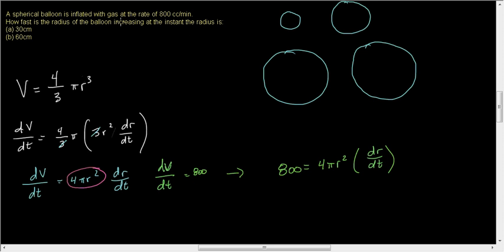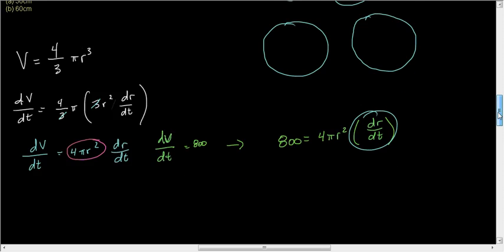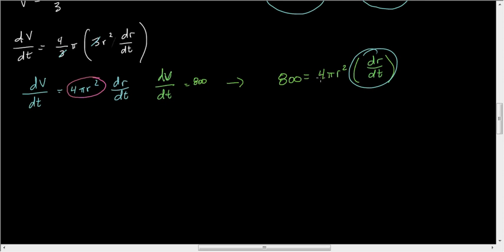How fast is the radius of the balloon increasing? I'm looking for dr/dt. So I'm going to solve for that. Moving the 4 pi r squared over, I get 800 over 4 pi r squared is equal to dr/dt. I'm going to clean that up a little bit and say this is 200 over pi r squared equals dr/dt.